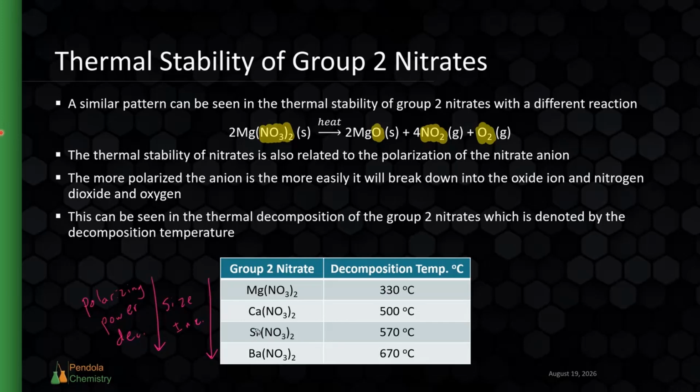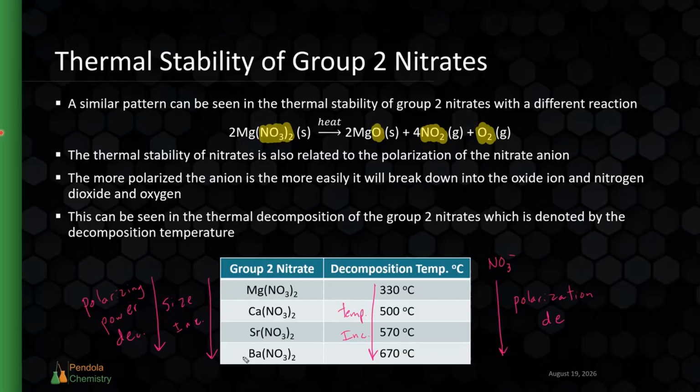And because the polarizing power goes down, the nitrate ion becomes less polarized. So the polarization decreases, and we can see that in the decomposition temperatures, which increase.